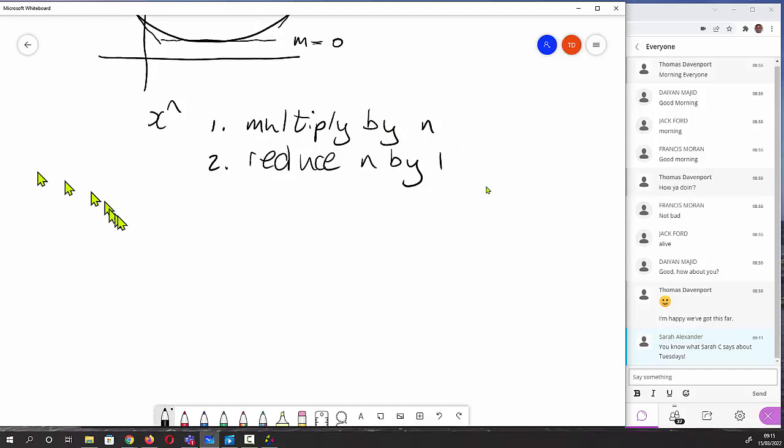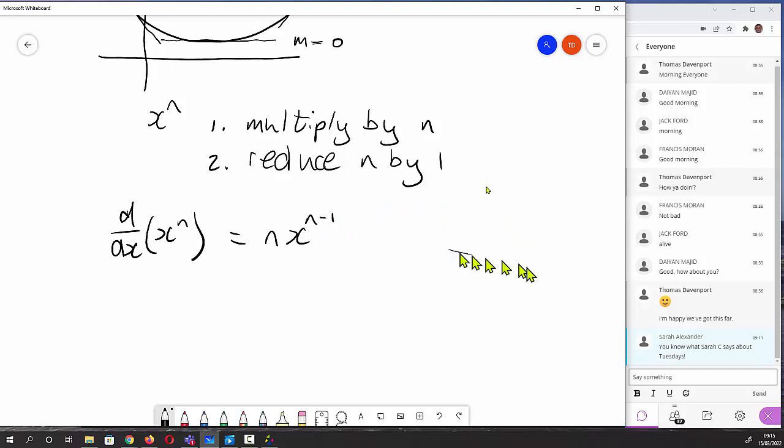So if we want to take d by dx of x to the power of n, what happens there is we multiply by n, so we get n times x to the n, but then we reduce the n by 1, so it becomes n minus 1.